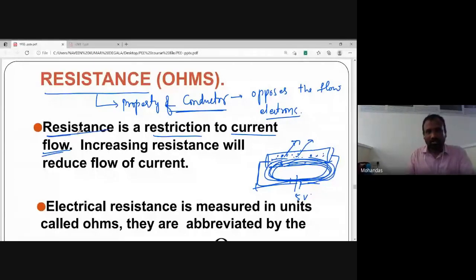So increasing resistance will reduce the flow of current. I will discuss this point after discussing Ohm's law. Here, this is a voltage.